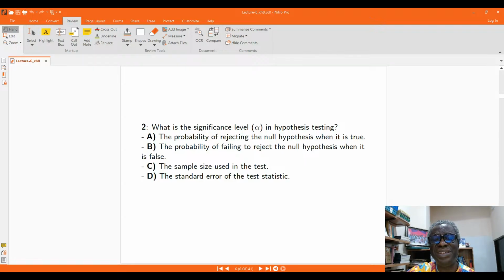B, the probability of failing to reject the null hypothesis when it is false. C, the sample size used in the test. D, the standard error of the test statistic.